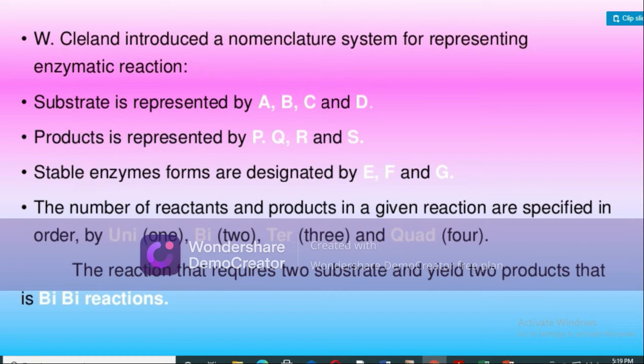Generally, in multi-substrate reactions, the substrates are normally represented by the letters A, B, C, and D. So in a situation where you have four substrates, you represent them using the letters A, B, C, and D. The products are represented by the letters P, Q, R, and S. The stable enzyme forms are designated, and the enzymes used in the reactions may be designated using the letters E, F, and G.